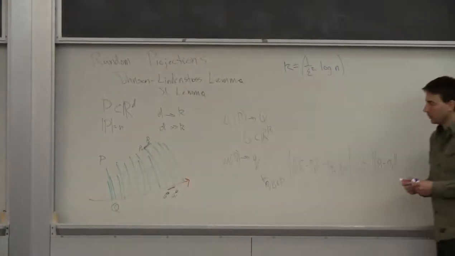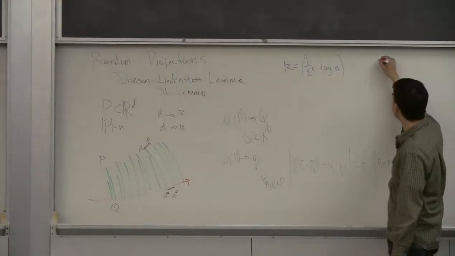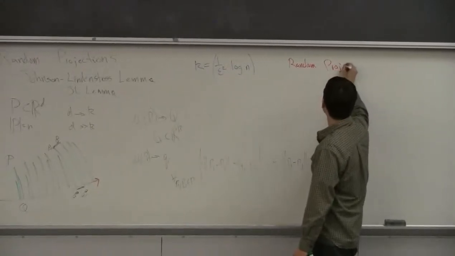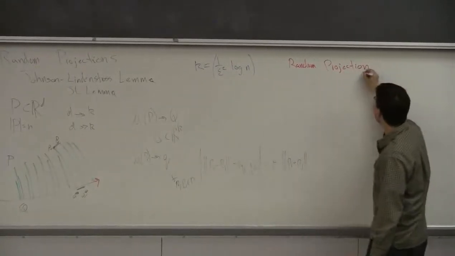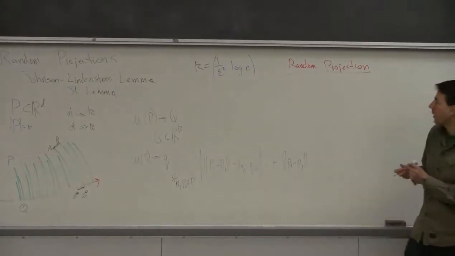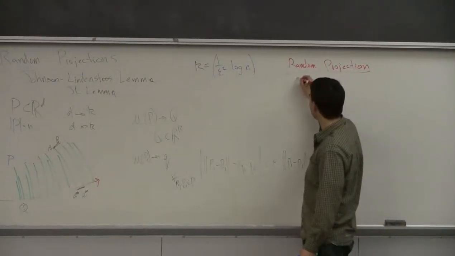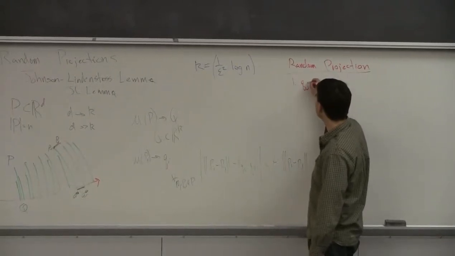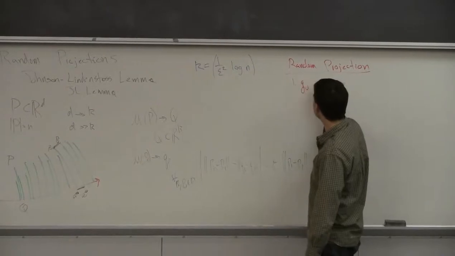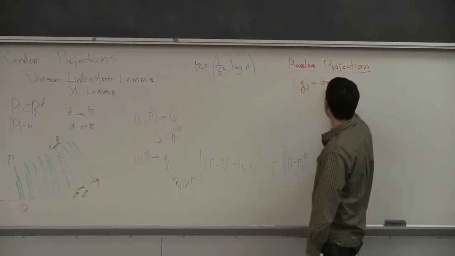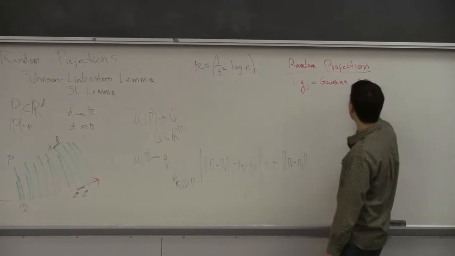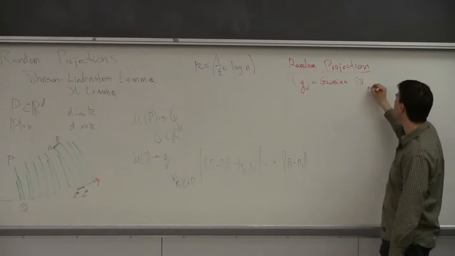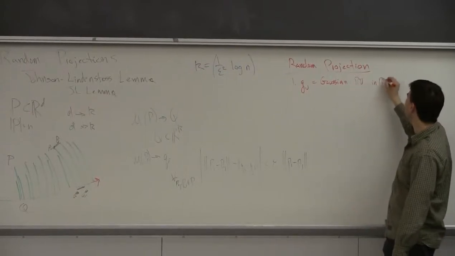For random projection, the first thing I want to do is get Gj, which is going to be this Gaussian random variable in R^d.